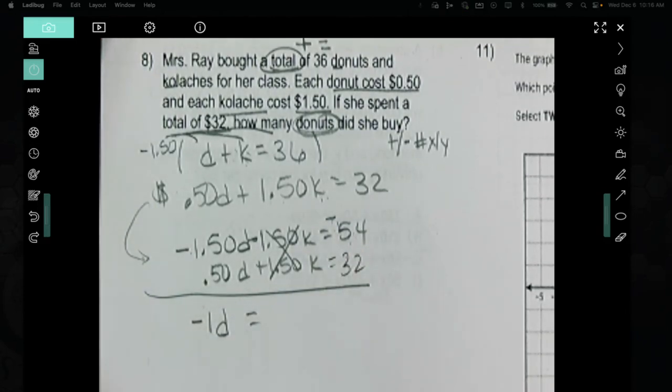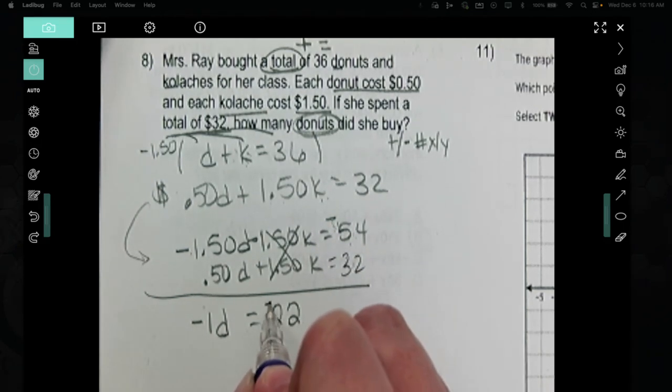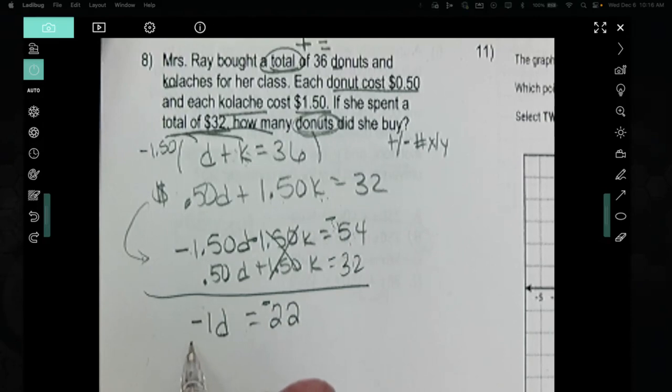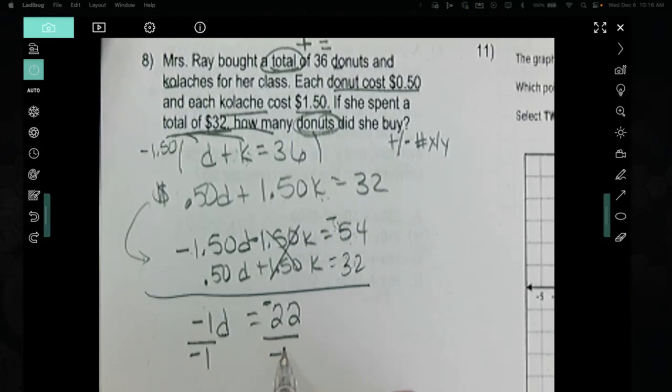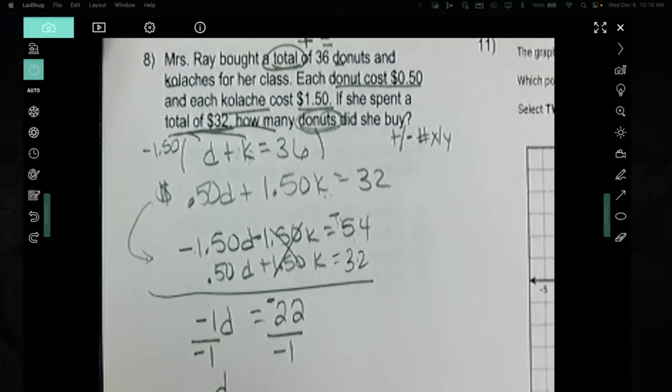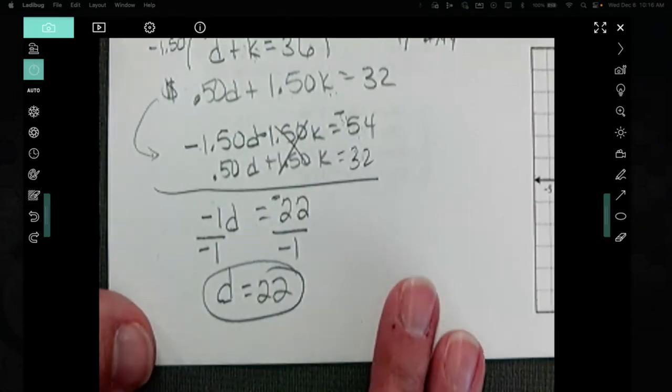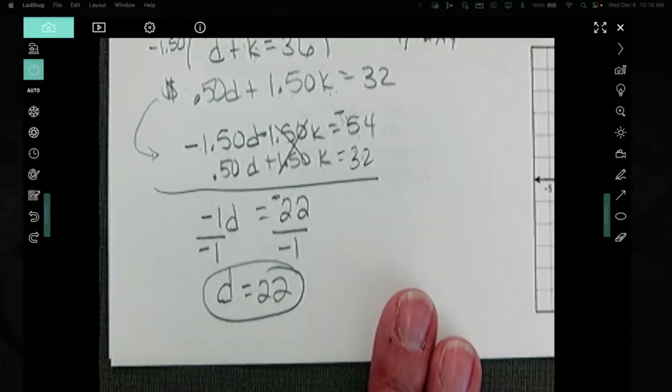And a negative 54 and a positive 32, I'm going to subtract these, is 22, negative. I have more negatives. So I need donuts to be positive. I'm going to divide by a negative 1. I have 22 donuts. Make sure that variable when you solve is alone and positive.